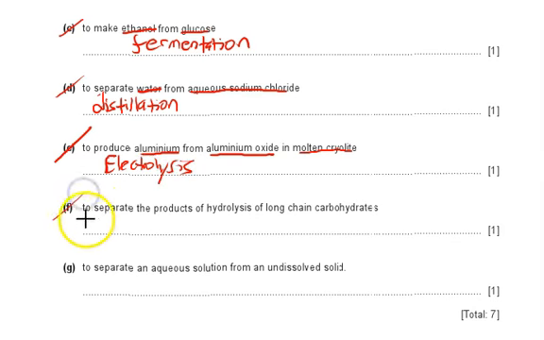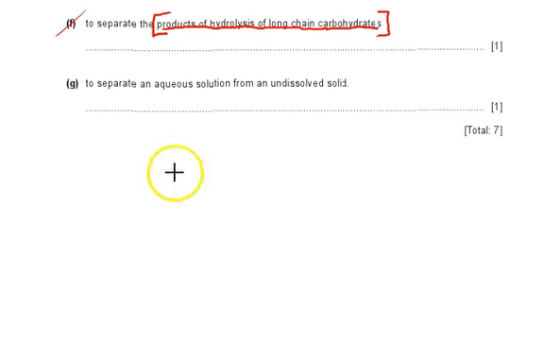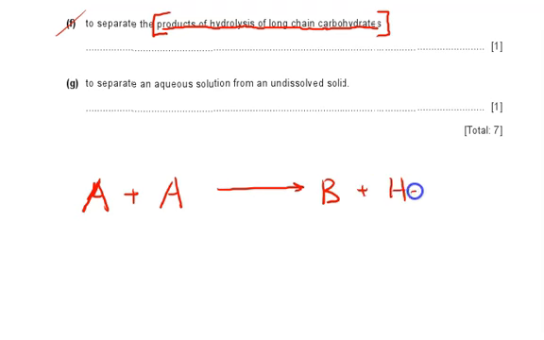F, to separate the product of a hydrolysis of a long chain carbohydrate. This sentence here is quite confusing, so you really have to understand this. If you look at polymers, for example we have A, and you will have a product of B plus water.